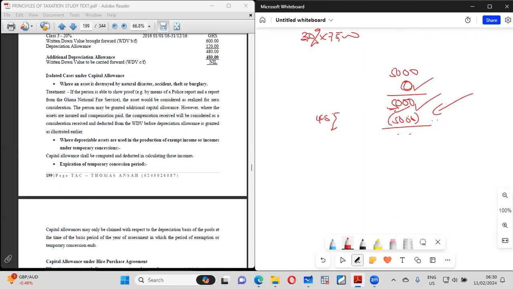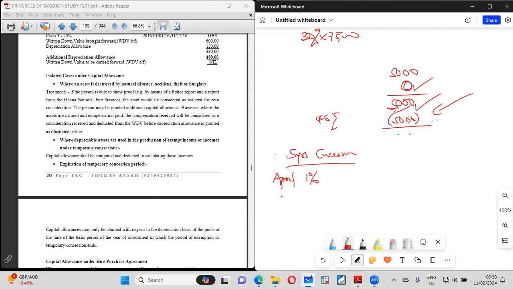So what that means is that probably somebody has a 5-year concession. And these days they pay tax. It's just that up to April 2023, the tax was 1%.